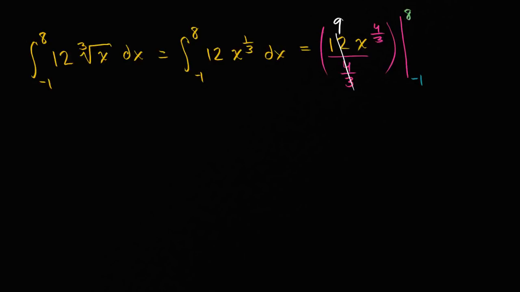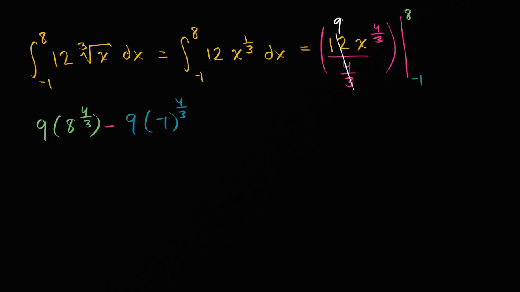So if we evaluate it at 8, this is going to be 9 times 8 to the 4/3 power. And from that, we're going to subtract it evaluated at -1, so 9 times -1 to the 4/3 power.